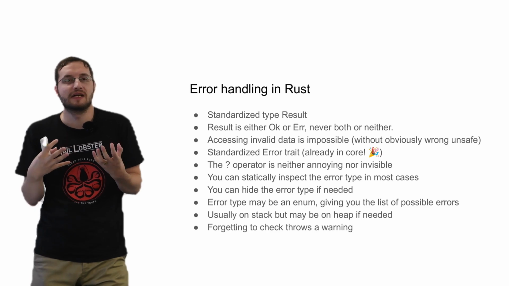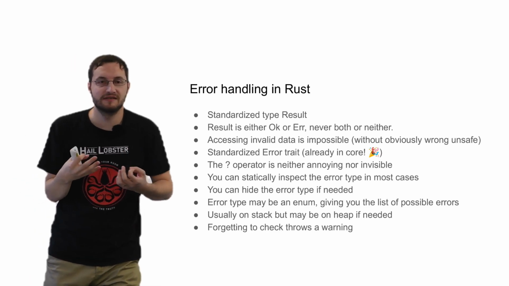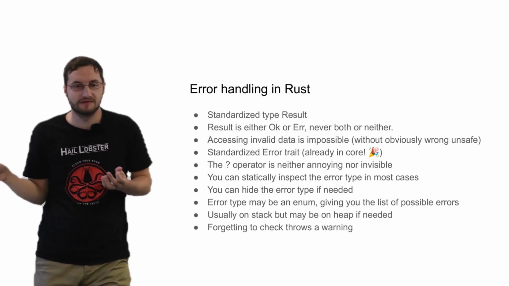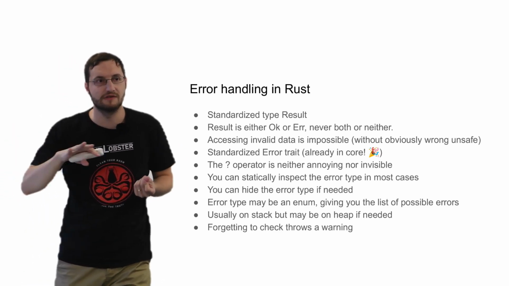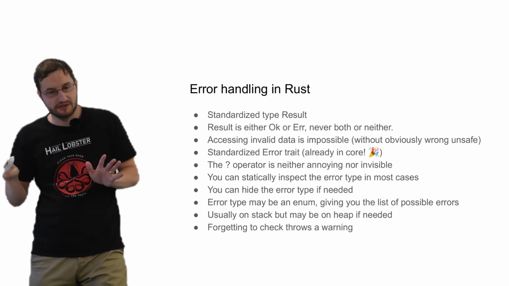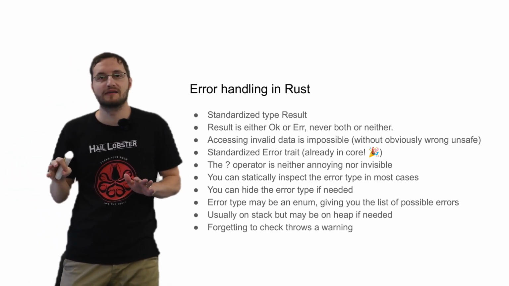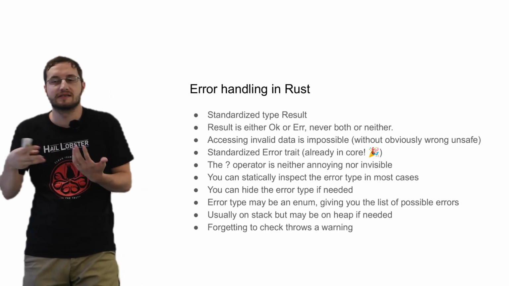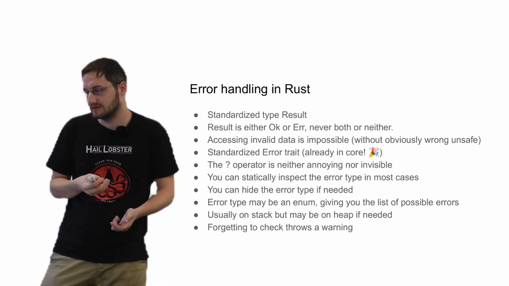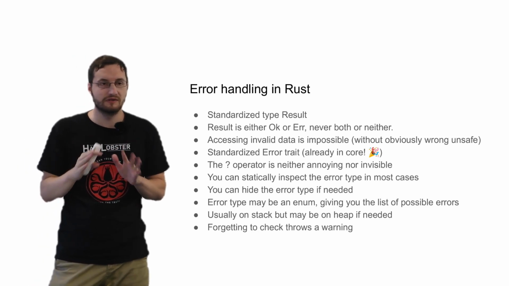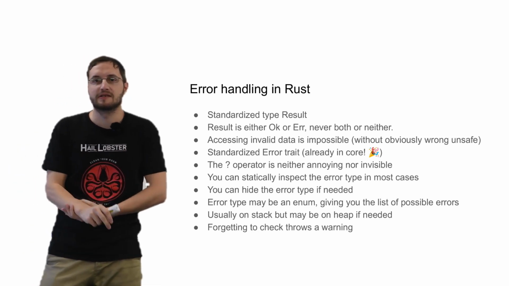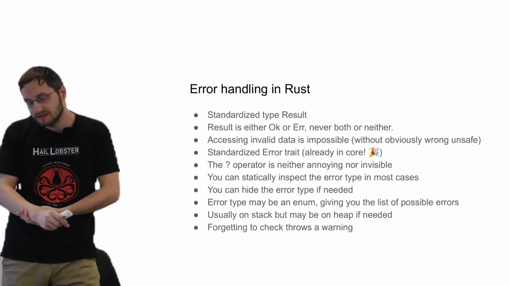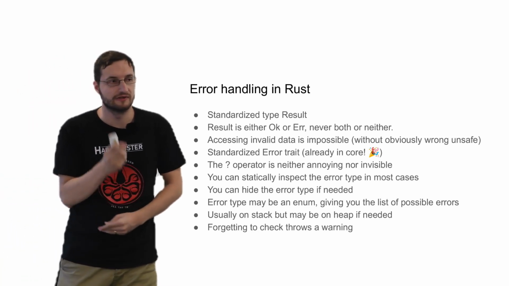At best you can pretend that you are trying to correctly handle the errors and cause undefined behavior in the wrong case. You could do that intentionally, but there is no first-class syntax to trivially access invalid data. So if you want to do it on purpose, it's super clunky to do it, which is great.